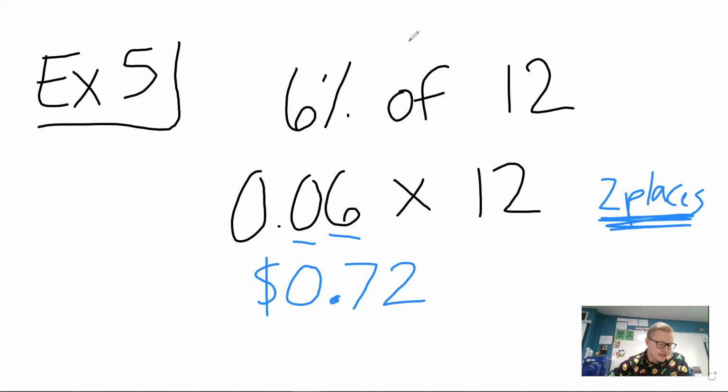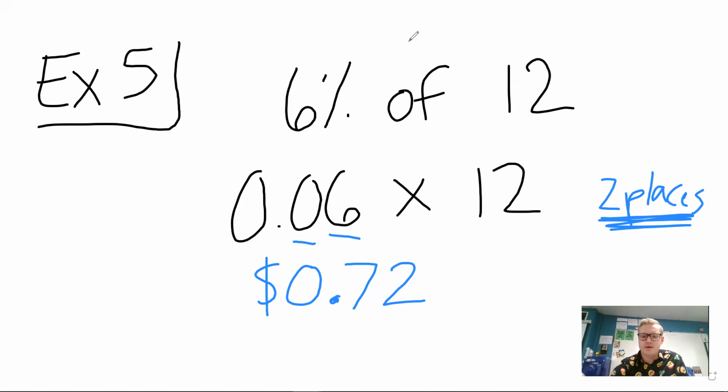The part of the question that says find the tax, that's how much tax it is, but it wants you to then find the total price including the tax, and that's what it wants you to do on letter O as well. So what do I need to do? I need to add that 72 cents plus $12.